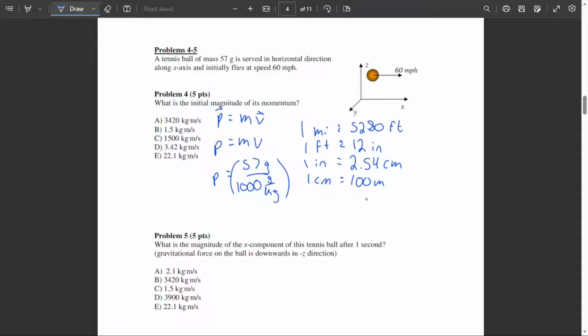So multiply all those together, you get some number. And then this is miles per hour. We have to convert the hours to seconds. 1 hour, there's 3,600 seconds.